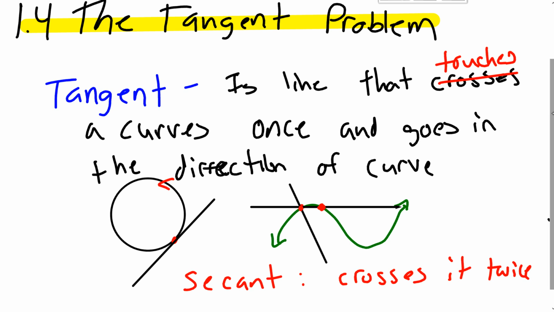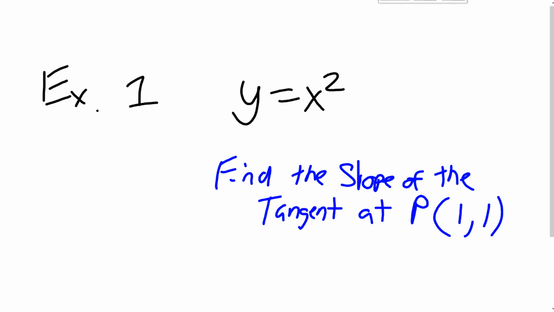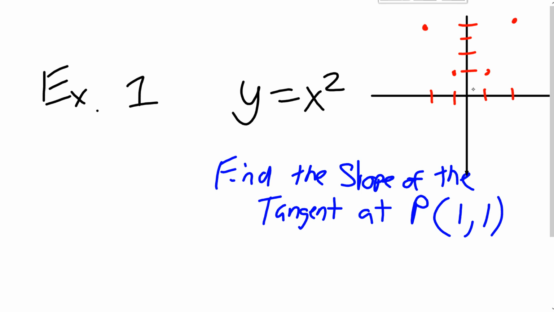So the problem that we have is, if I have an example like this, and I want to find the slope at the point 1, 1. Here I have a graph, and here's the parabola, with 0, 0.